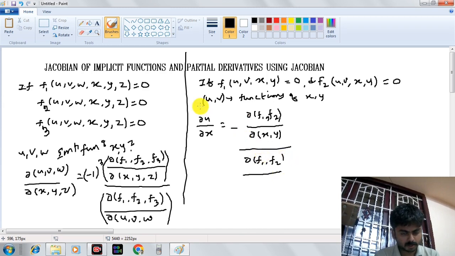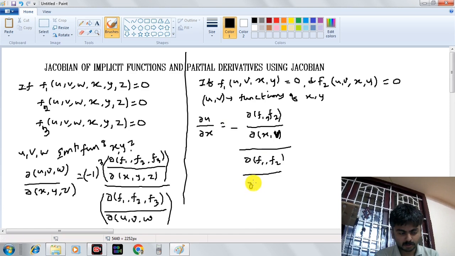See, there is a mistake in the formula. When we are considering x, it is v, not y, it is v. When there are two functions u and v, and if I am differentiating u with respect to x, here we will get only v, and here we will get only u comma v.